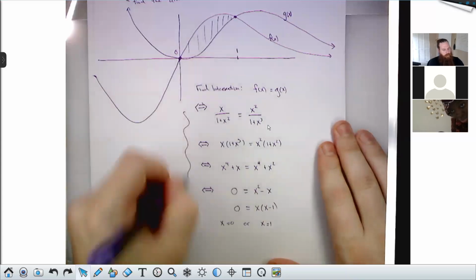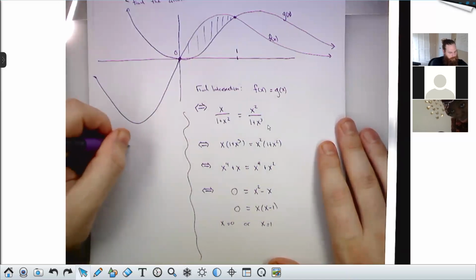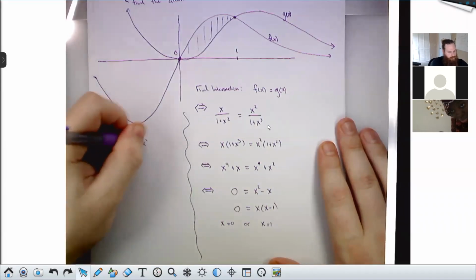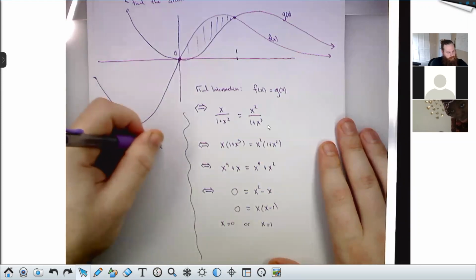So my area, the area I'm looking for is the integral from 0 to 1 of the upper minus the lower, which is x over 1 plus x squared minus x squared over 1 plus x cubed dx.